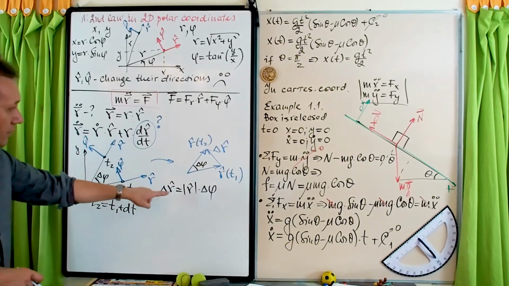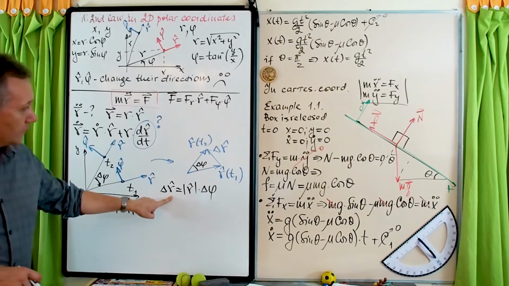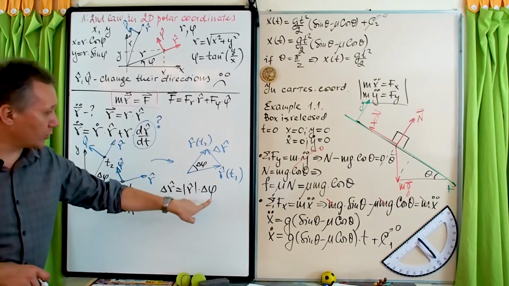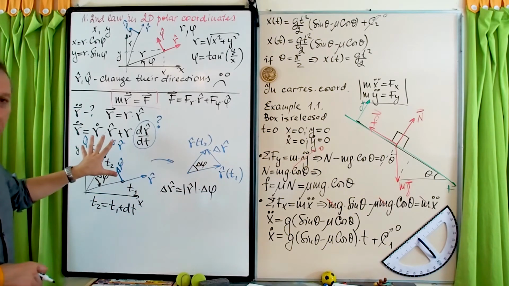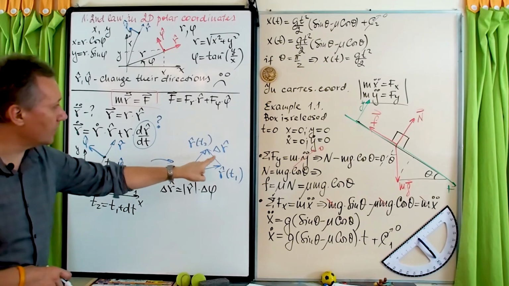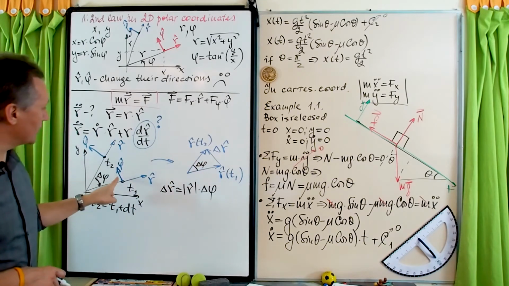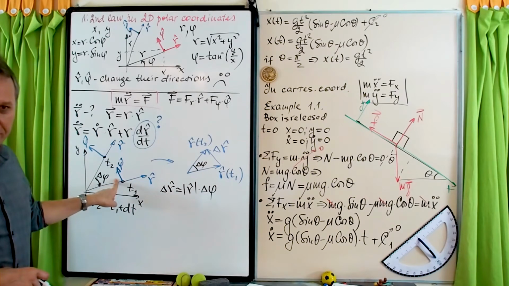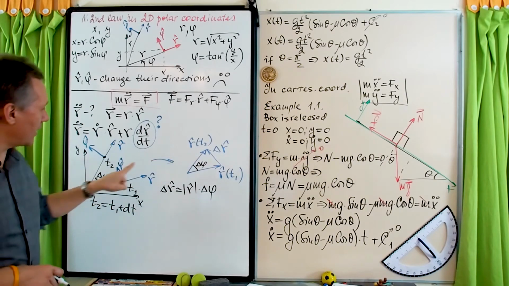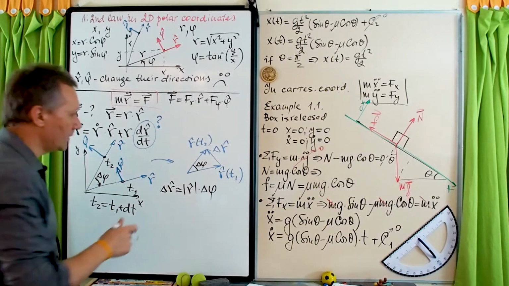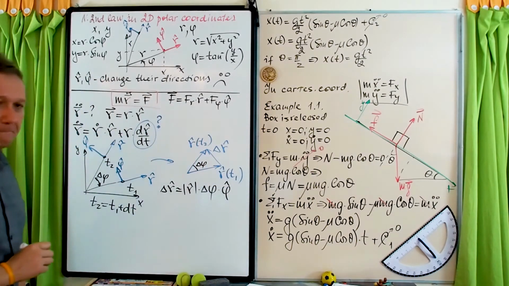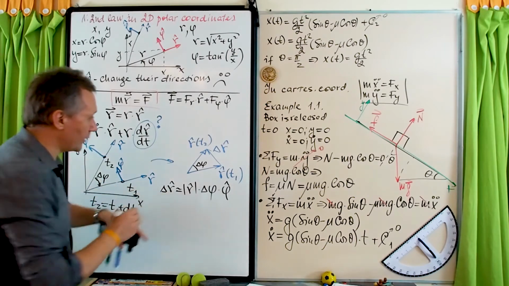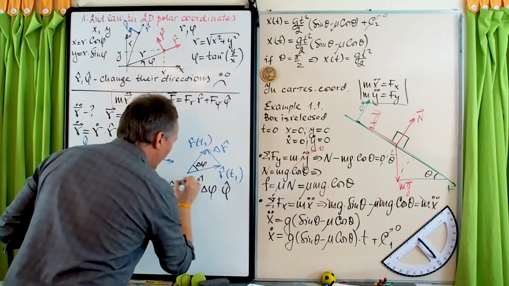And this is the vector, so we need to add a direction, because that is just the absolute value of this vector. But direction, if you draw properly, you see the direction of delta r hat is the direction of phi. I think it's obvious, right? So phi hat.